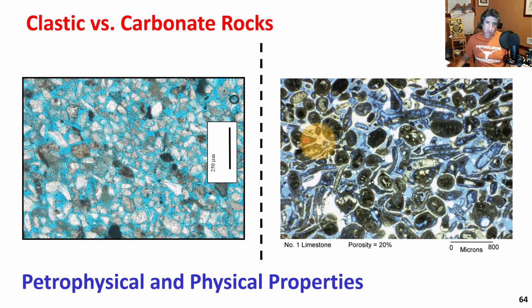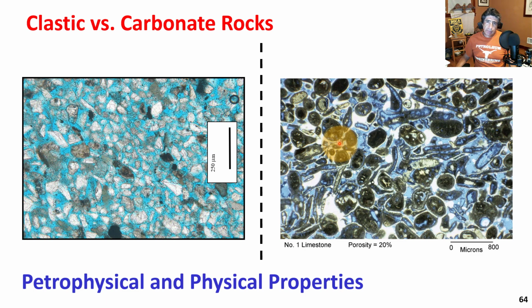Whereas in the case of carbonates, we have a significant variability of possibilities. We have interparticle, intraparticle. We also have microporosity. We also have moldic porosity. We also have skeletal porosity. It really depends on what the original makeup of the rock is and also how much diagenesis it was subject to.